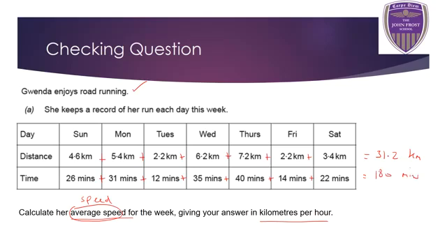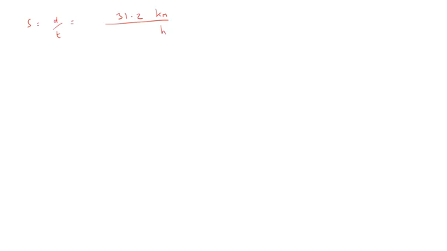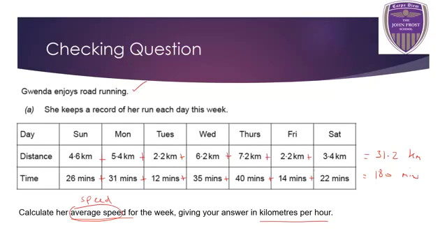But look, I need hours on the bottom. Hopefully we know what's the connection between hours and minutes? Well, 1 hour, remember, is 60 minutes. So if you're going from hours to minutes, you multiply.